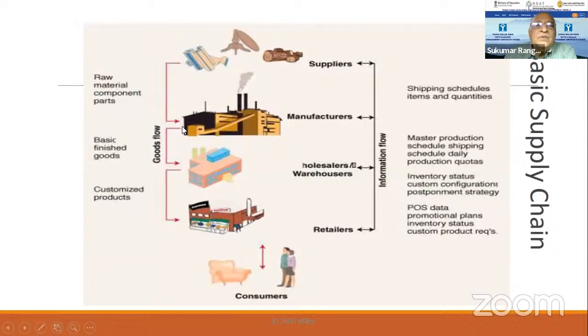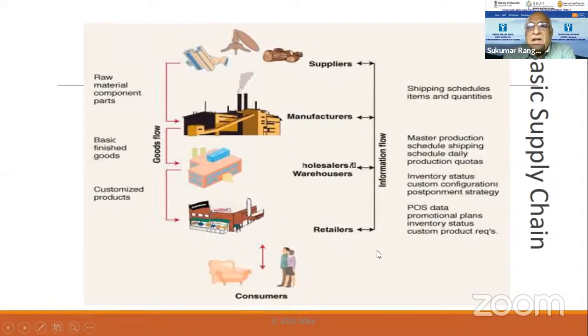It comes to a manufacturing place which manufactures. Then it comes to a warehouse. Then you customize the product because maybe this guy wants a different upholstery, they want a different color, they want a different finish. Right. So you have a supplier of raw material component, a manufacturer, then you have a wholesaler, then you have a retailer, and then it reaches the customer.